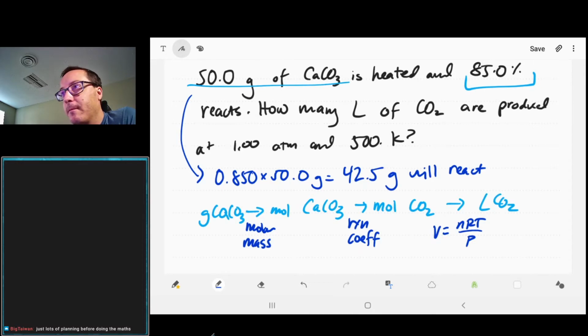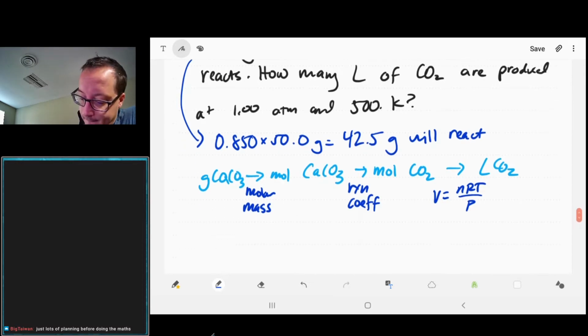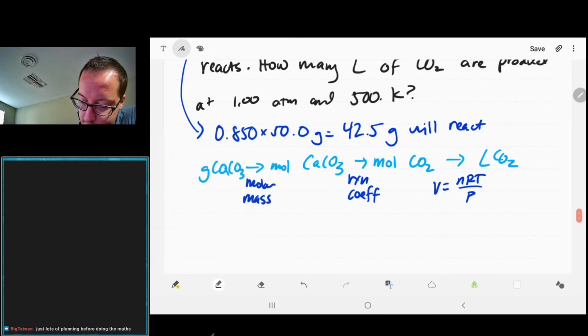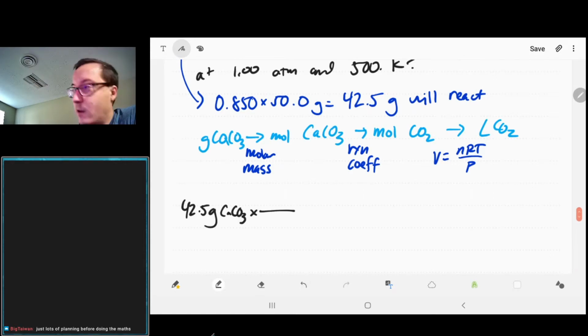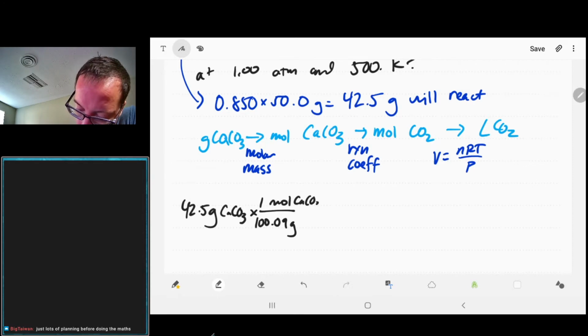Alrighty. Here we go. So, 42.5 grams calcium carbonate. I think we did have calcium carbonate's molar mass. It was like 100, right? Yeah, 100.09. Our reaction coefficients are both 1.